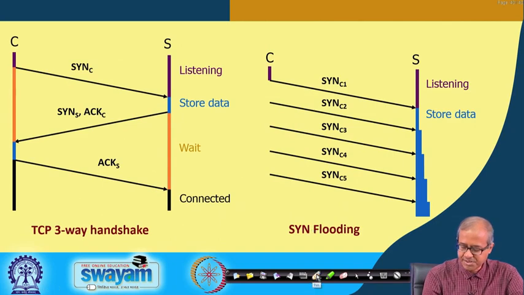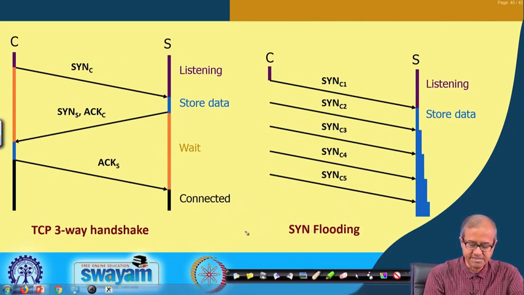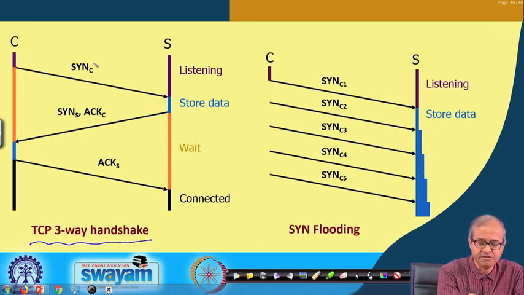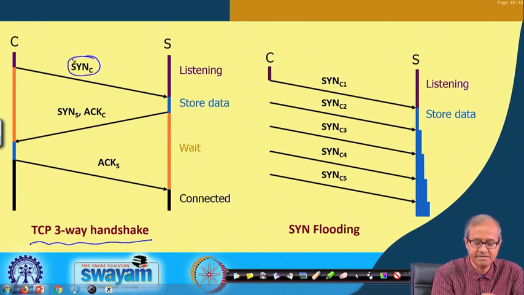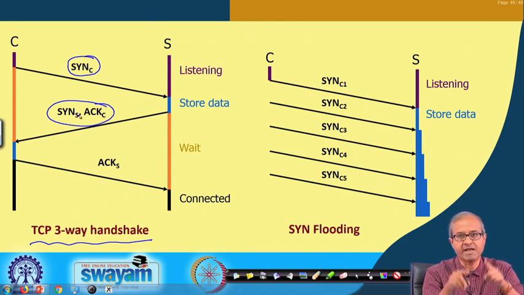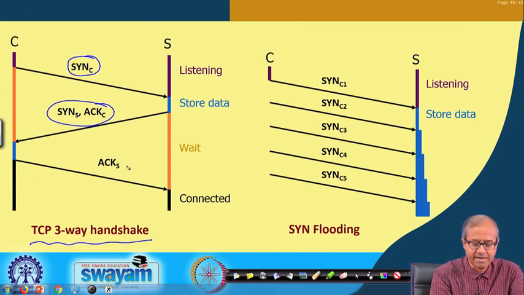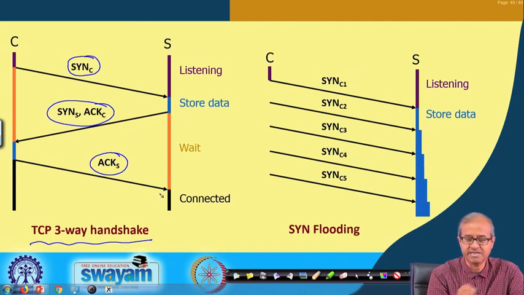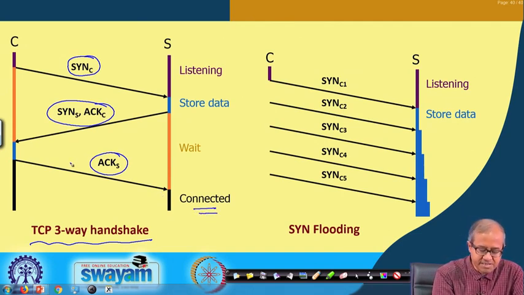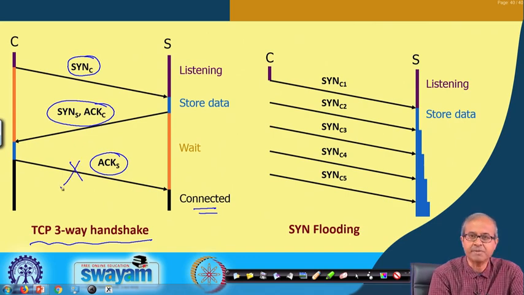So, let us look at the protocol diagram, the message exchanges. This is the three-way handshake protocol in TCP. As I said, from client to the server, first a SYN packet is sent, the server sends back a SYN and ACK packet, both the flags set, and the client will finally send back an ACK packet and the connection will get established. But if this third packet is not sent back, then there will be a half open connection.